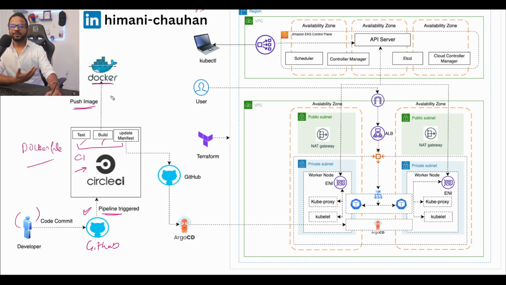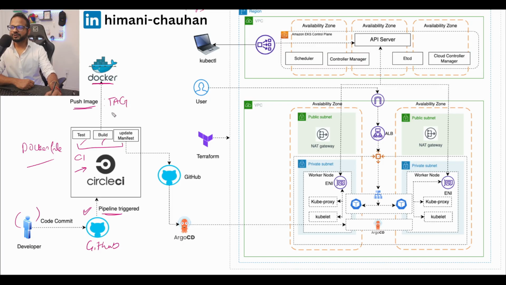Right? There could be other image repositories such as Artifactory, ACR, GCR, and there are many more. I'm using Docker Hub in this particular project, so that's what we're going to use. So you can push the image with that. Along with the image, there'll be a tag associated with it. I'll be using the build number as the image tag so that we can uniquely identify a particular image, right?